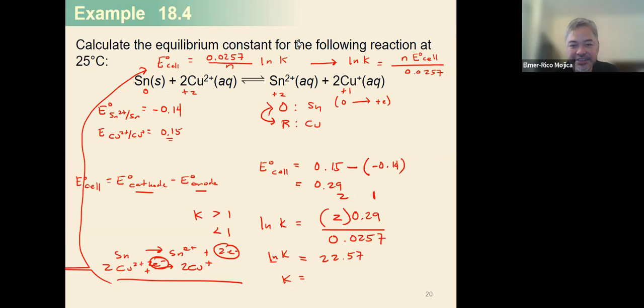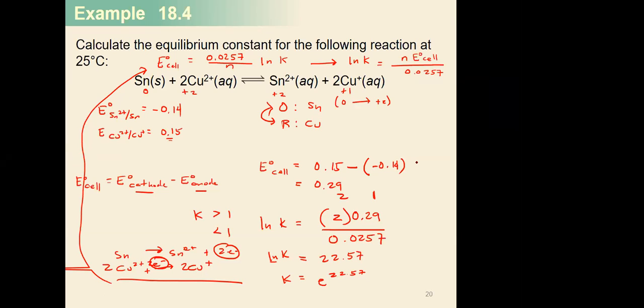So e raised to that number, which is 22.57. And what would be the number? I got 1.58 times 10 to the negative 10.